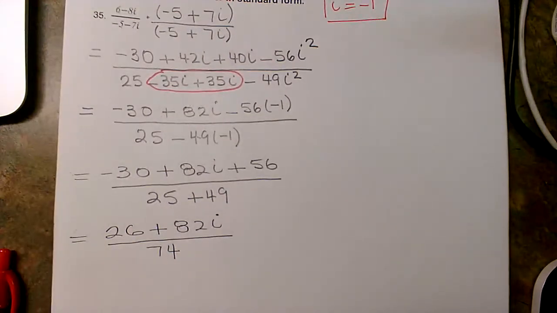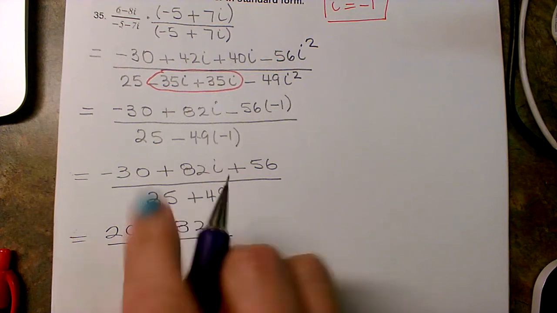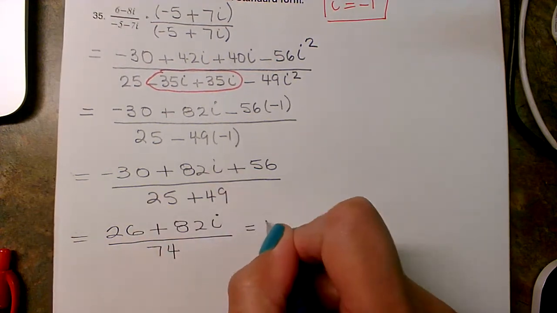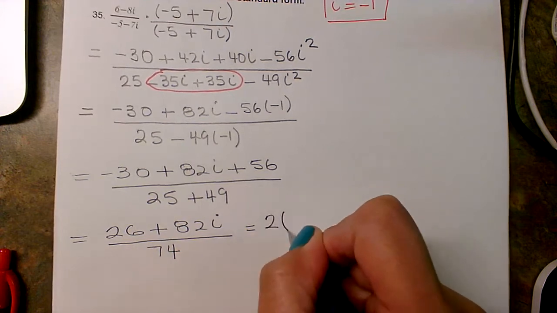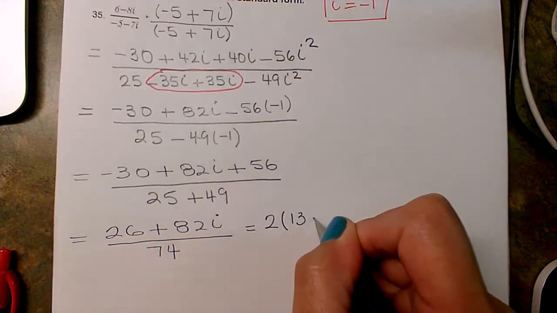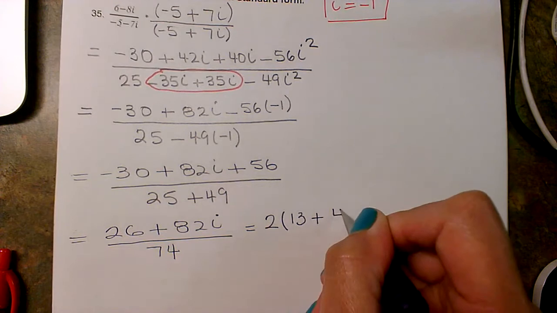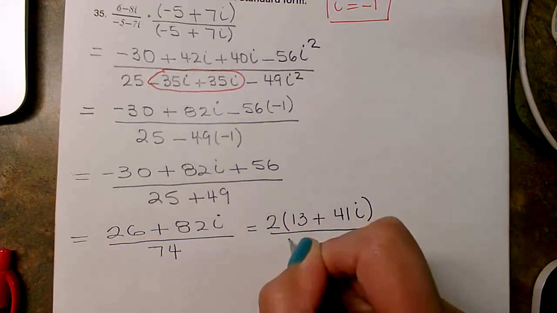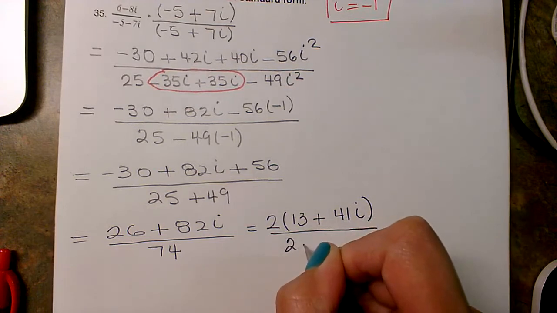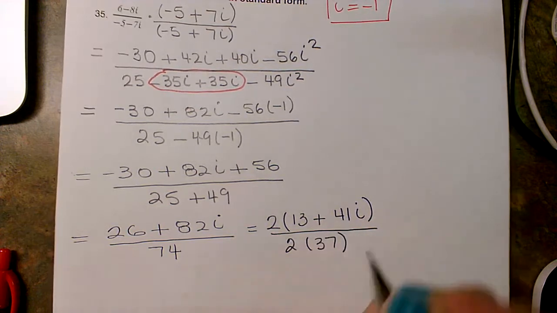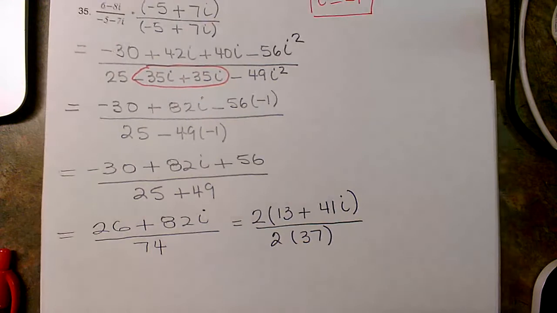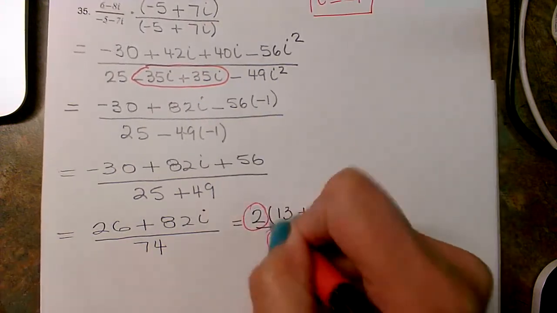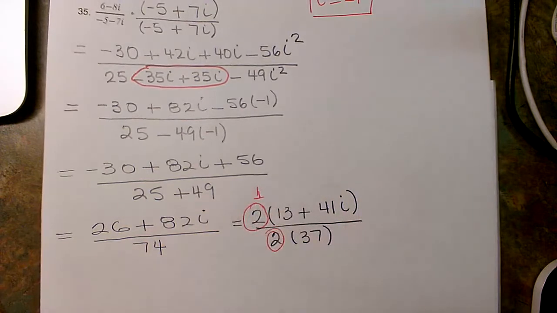Now, I could factor the 2. That would be 13 plus 41i. And this one is 2 times 37 will be 74. All I'm doing this is because I could get a 1 here.